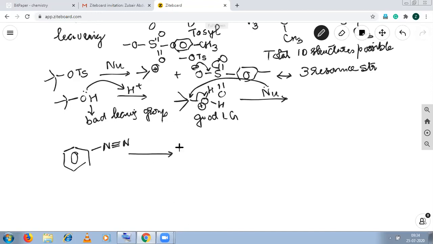This is a very, very good leaving group. There's a positive charge. This is benzene diazonium chloride. Why? Because what you're going to get is a plus charge here and a nitrogen molecule, a very stable compound.